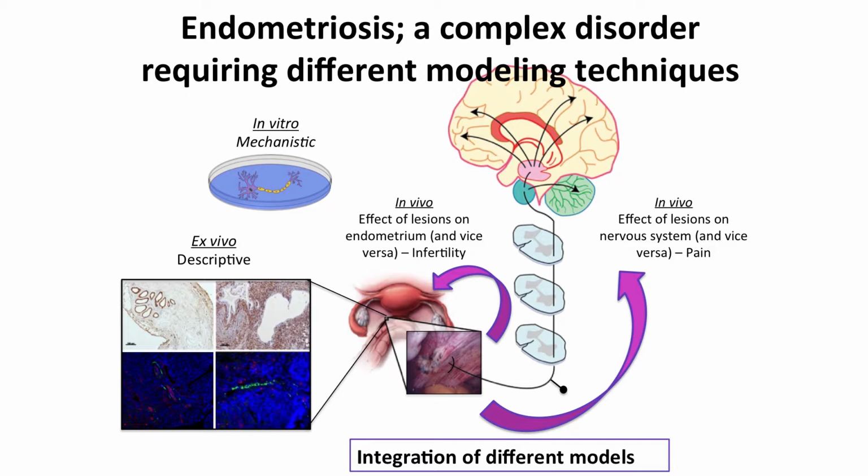And because there's no diagnosis for endometriosis currently, women have to undergo laparoscopy, and this allows the biopsy of material so that we can perform important ex vivo studies to generate descriptive data.